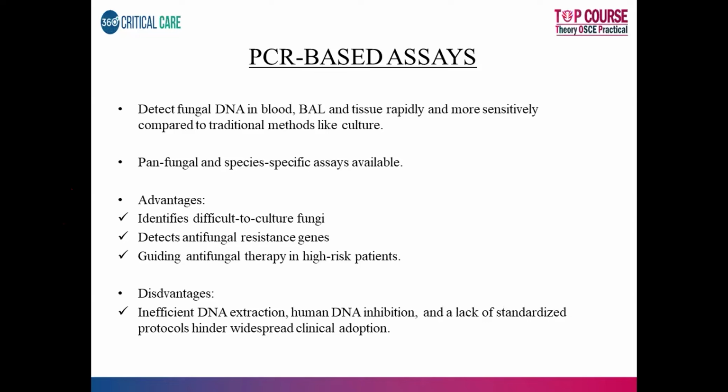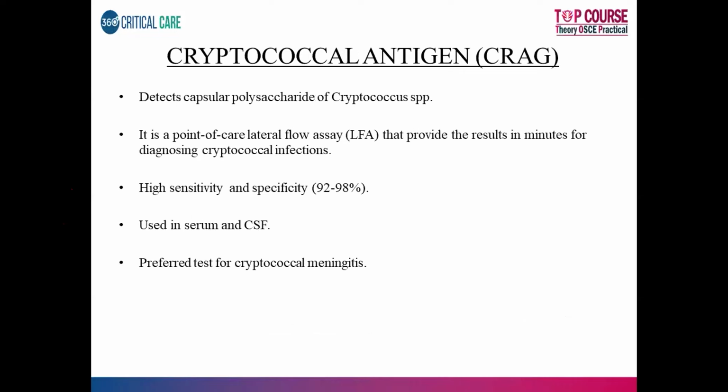The advantages are that you can identify difficult-to-culture fungi, and additionally it detects antifungal resistance genes also. And it guides antifungal therapy in high-risk patients. Disadvantages are inefficient DNA extraction, human DNA inhibition, and a lack of standardized protocols, which hinder widespread clinical adoption.